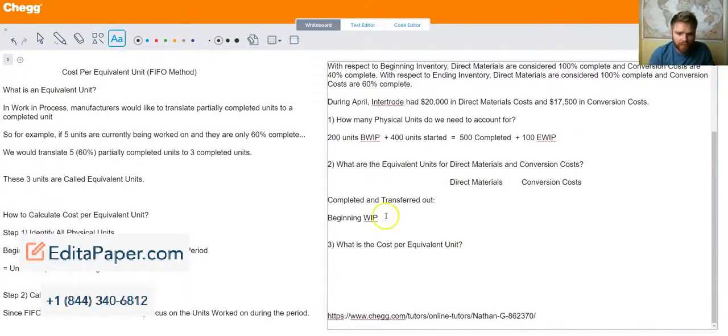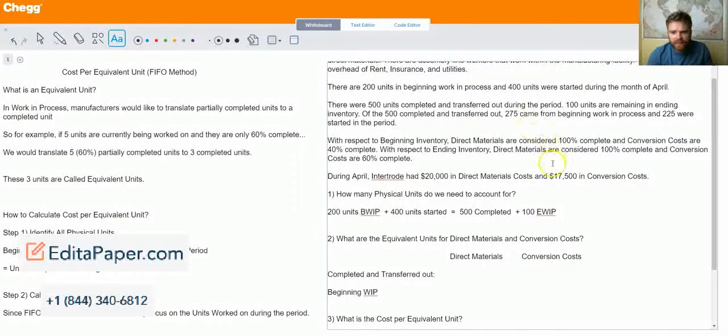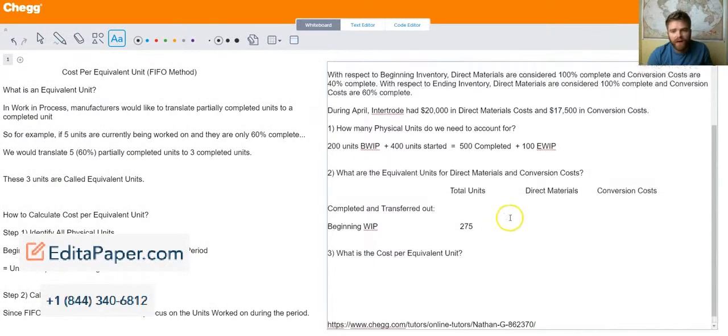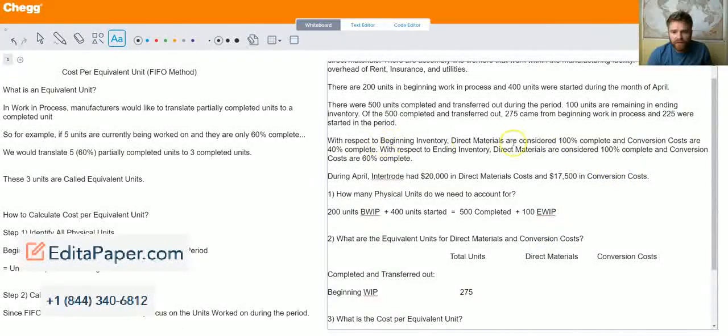So for beginning work in process, we know that 275 came from there. But of that 275, it says that with beginning inventory, 100% were complete.